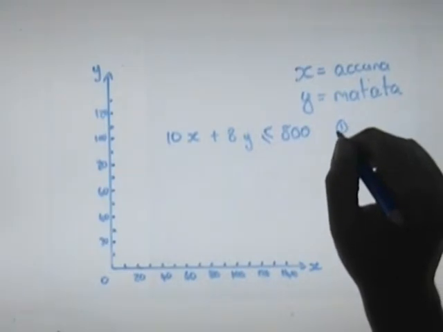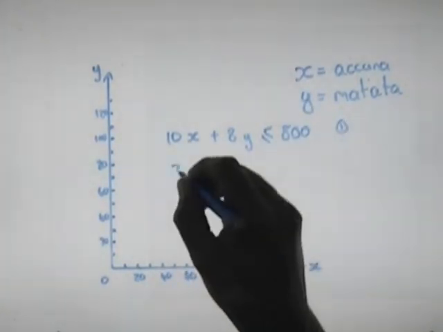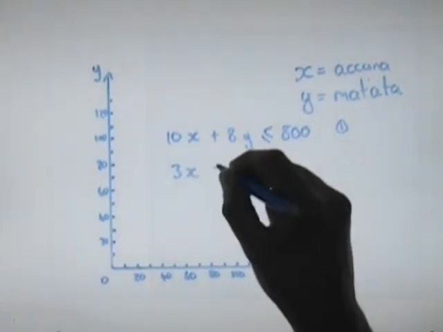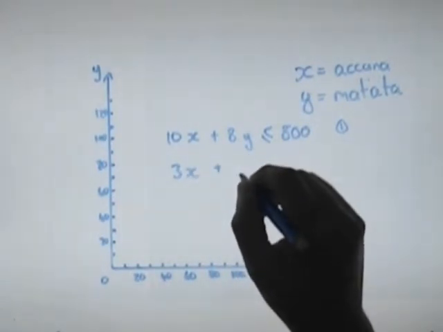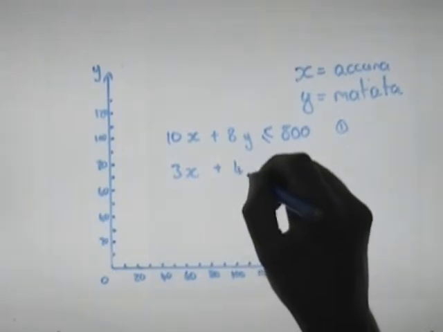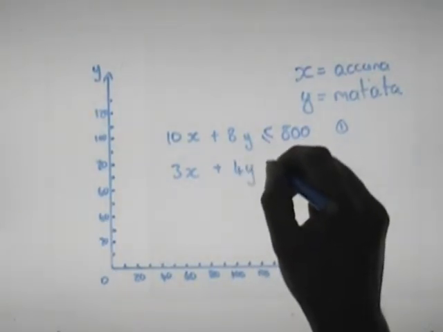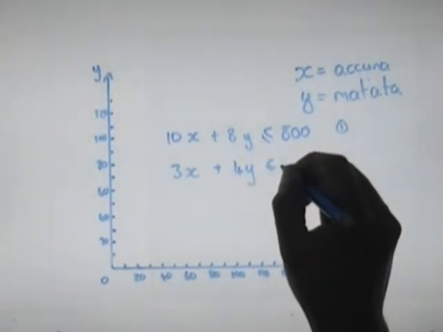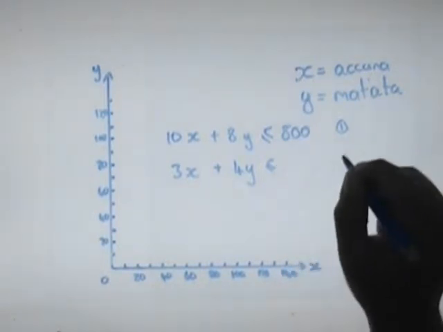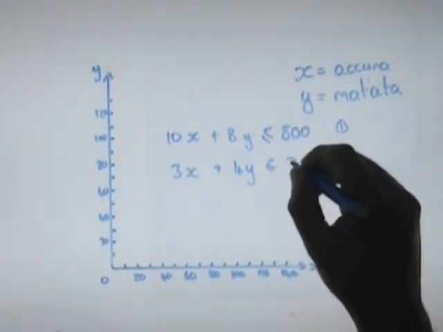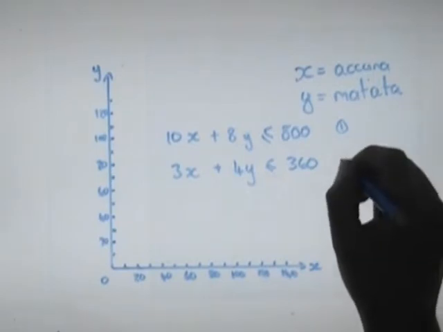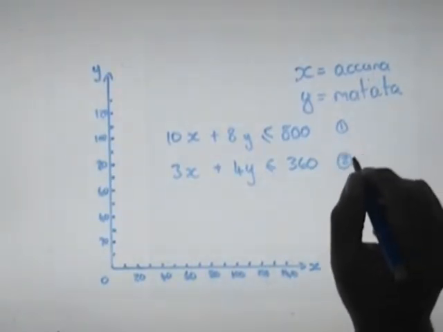The second bit of information we have is that each Akuna requires 3 hours in the testing department, each Matata requires 4 hours in the testing department, and we have a maximum amount of 360 hours available. That's the second inequality.